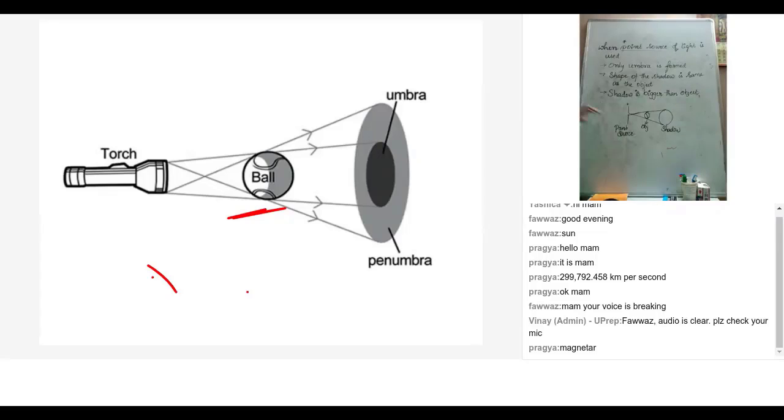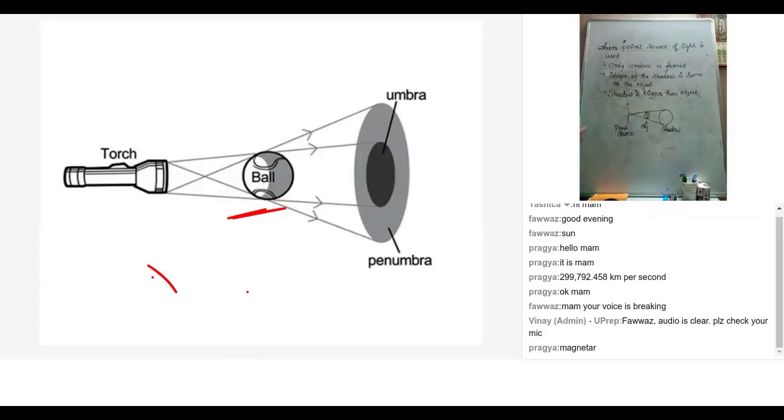Now, if I move the object towards the source, if I am decreasing the distance between source and the object, it can be that I am moving the source towards the object, or moving the object towards the source. Then the size of the image increases.